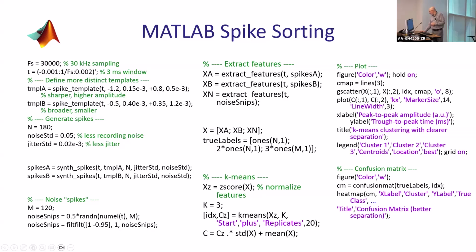Okay, so practically this is a column. Now, the only change from the previous example is that you have start plus replicates 20. This is the thing I talked about, where k-means is not very reliable if you run it only once. So you want to replicate the results multiple times, like 20 times, and you start from a smart point based on the initial assumption.